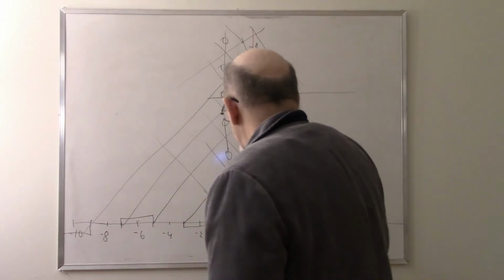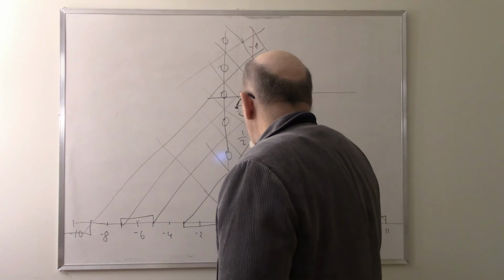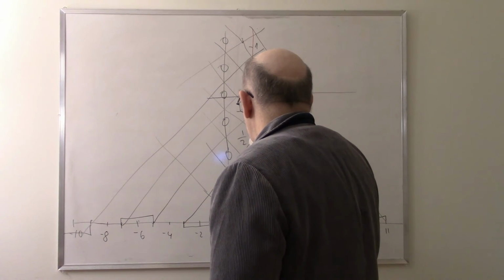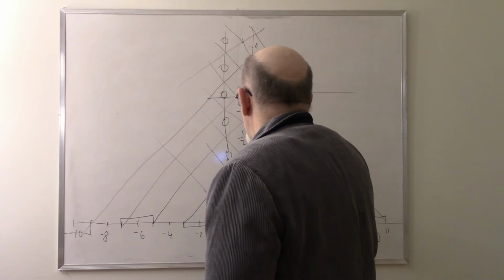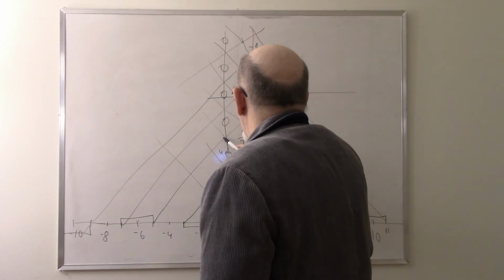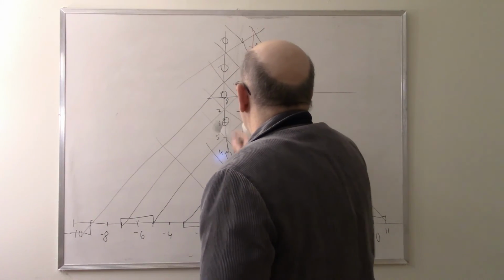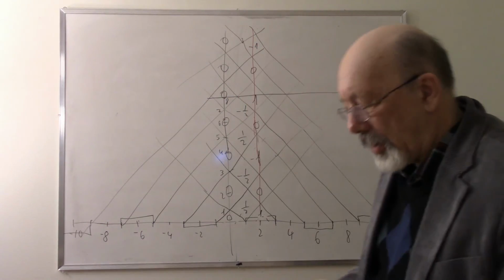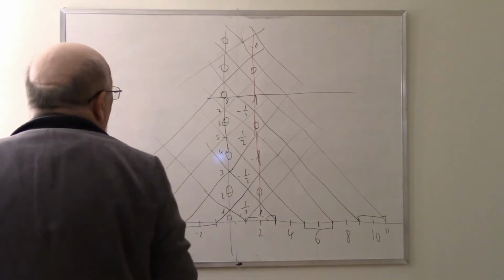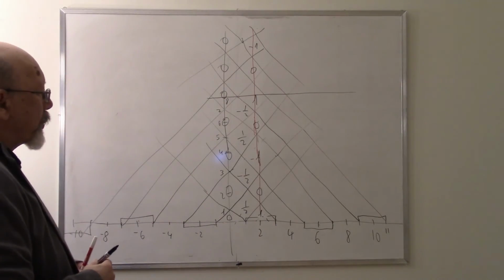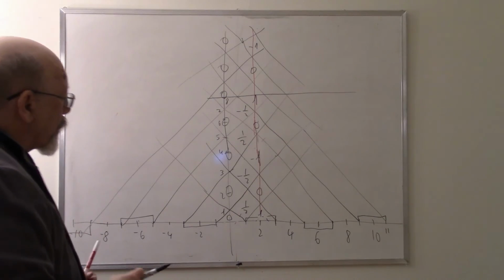So this is 1, 2, 3, 4, 5, 6, 7, 8. And now let us draw the snapshots of our solution.